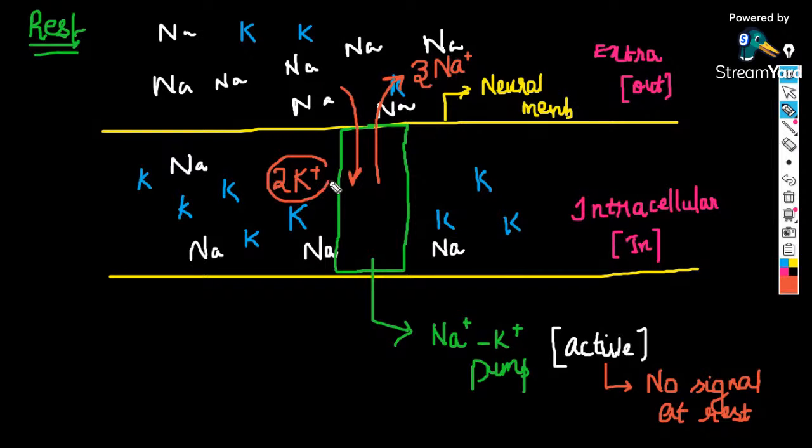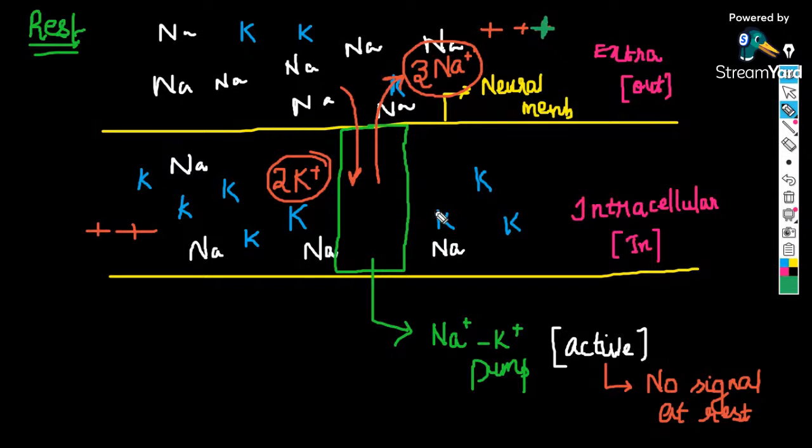So where is the charge less? What is actually happening? 3 positive charges are transferred outside, whereas only 2 positive charges are pumped inside. So outside there is an extra positive charge.